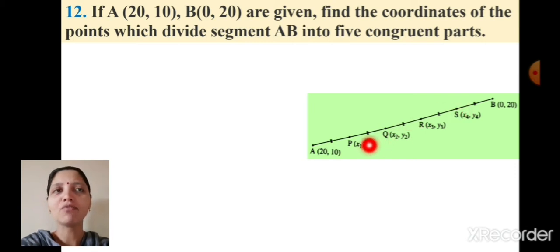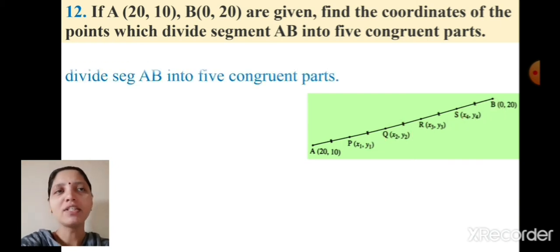Yes, we have to take 4 points so that we can divide segment AB into 5 congruent parts. So we are considering point P, point Q, point R and point S on segment AB, and these 4 points divide segment AB into 5 parts.